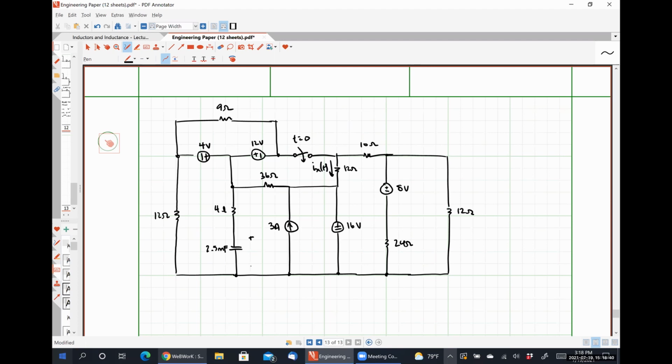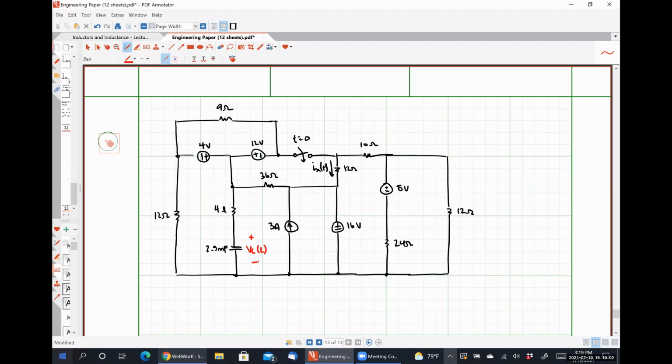So I'll explain that in a minute. I'm going to put VC of t here, positive polarity on top, negative polarity on bottom. Actually, I'm going to do it in a different color to indicate that it's not required by the problem, but that it is important.